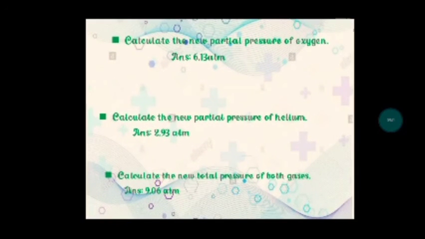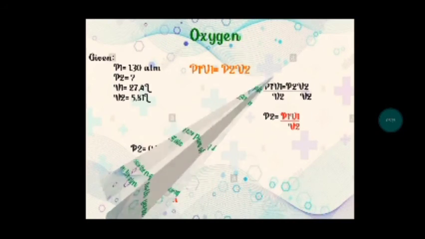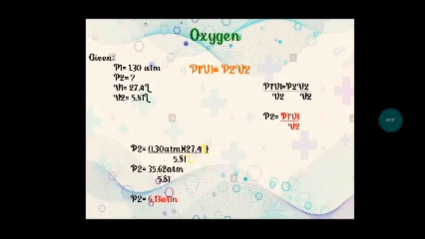The problem is to calculate the new partial pressure of oxygen, then the new partial pressure of helium, and then the new total pressure of both gases. Before that, we first write down our given.